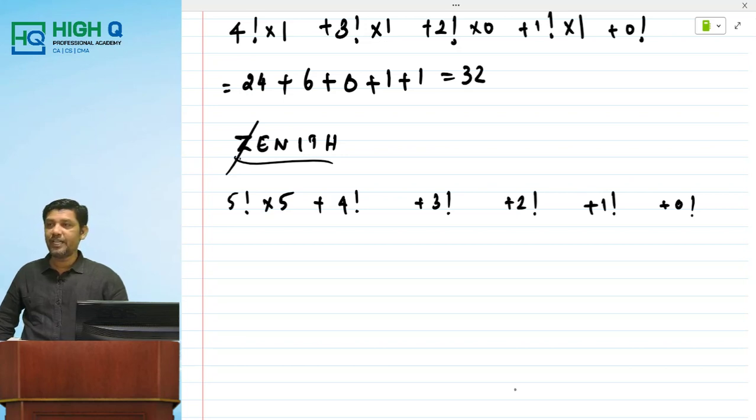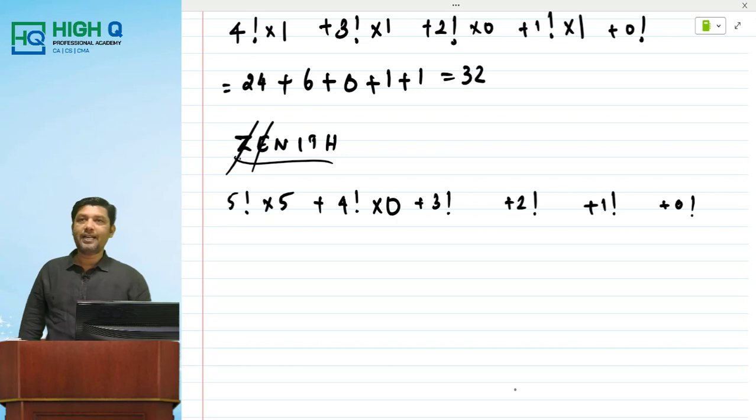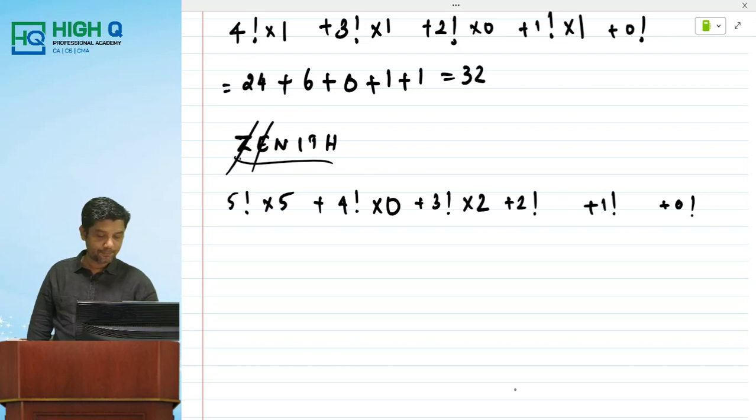Right hand side of E, how many letters are there which are less than E? Right hand side of N, how many letters are there? 2, I, T, 0 factorial, leave it.